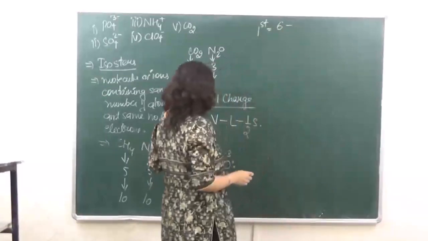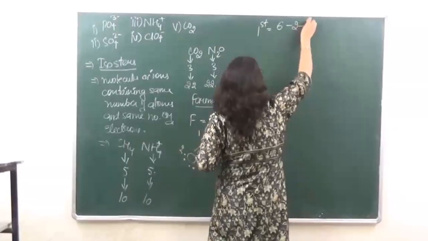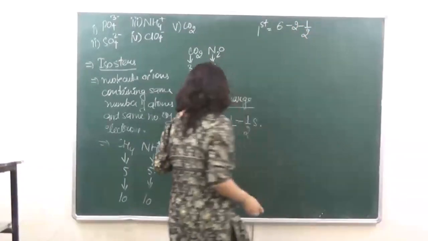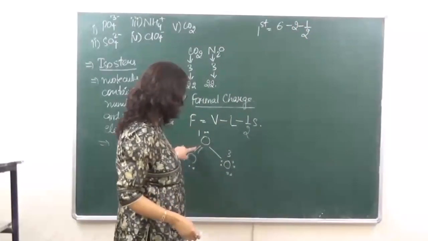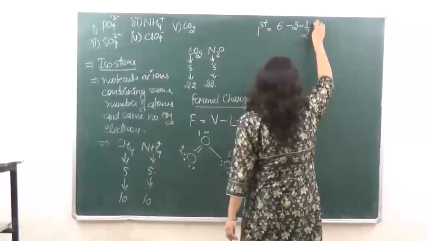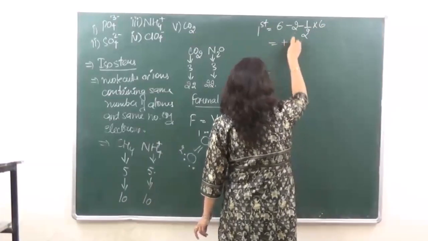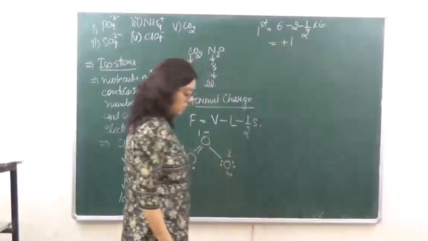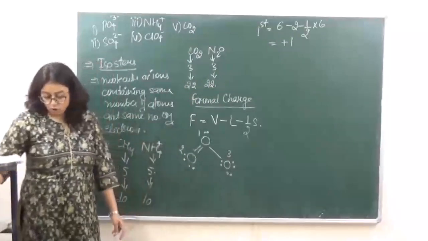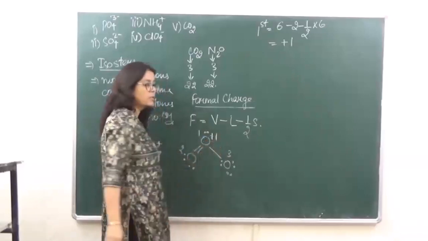On the first oxygen there are only 2 electrons which are present as a lone pair. Minus 2. Minus half of shared pair. So shared pair कितना है? 1, 2, 3, 4, 5 and 6. Into 6. So when you calculate, this is going to be plus 1. So the formal charge on the first oxygen is plus 1.